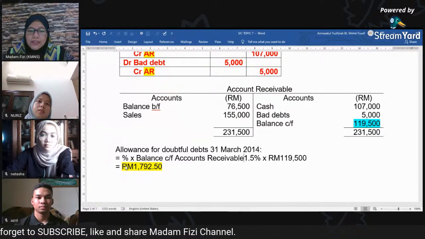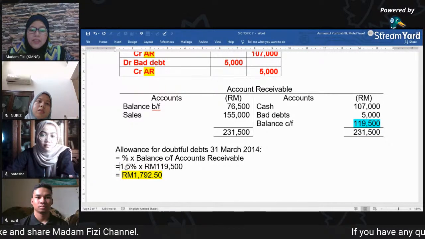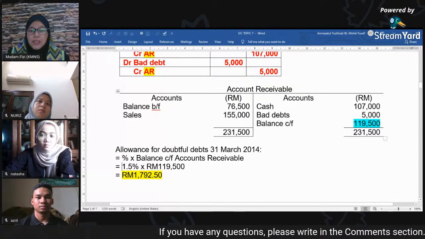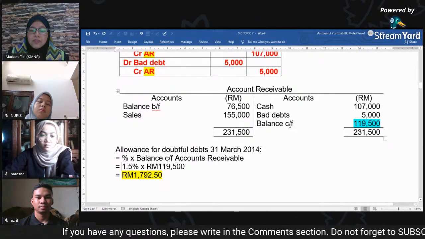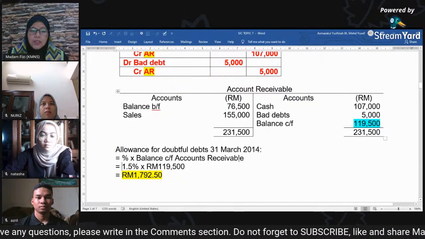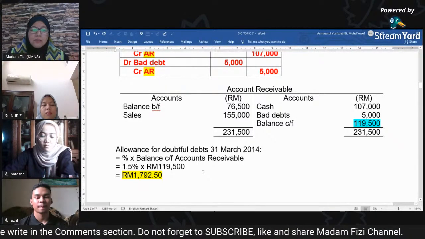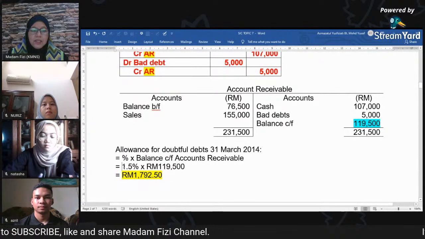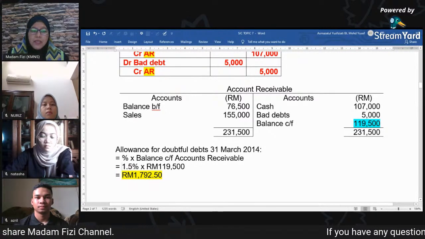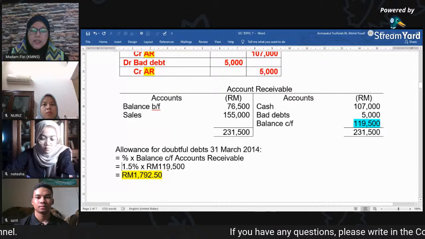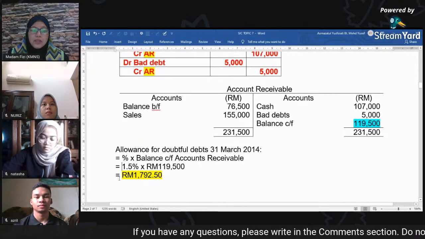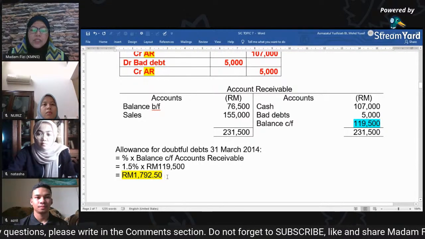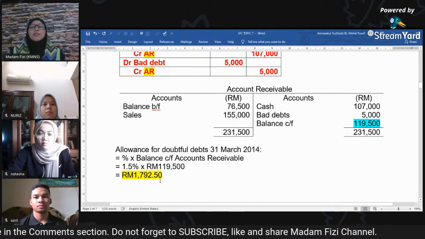To make it clear, okay, so this is the answer. That's why kita bersusah payah nak cari balance accounts receivable punya carry forward, because we want to calculate the balance for doubtful debt, AFDD. Okay, so 1.5% multiplied by 119,500 equals 1,792 and 50 cents. So this is the answer.